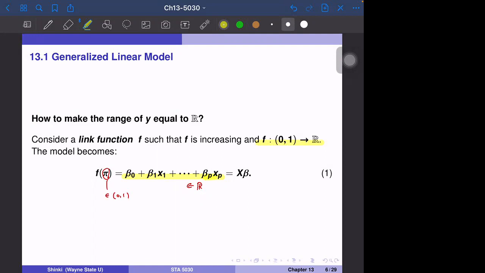Typically, suppose larger x1 means more success. Then if x1 gets larger and larger, the probability of y equal to 1 should not exceed 1, but approaches 1, such as 0.9 or 0.99. If we think about this function f, then we can model this situation well.